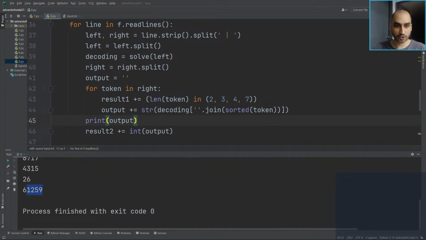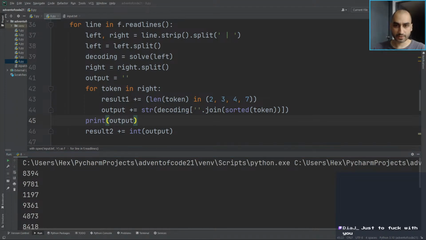61259. And we should be getting 61229. So we're very slightly off. Surprising. Okay.